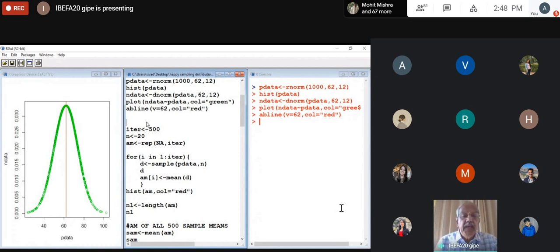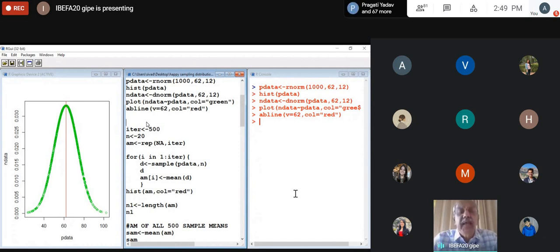So the algorithm is ITER, means iteration. ITER means iteration 500 times. Each sample size 20, n is 20. And in the loop, the arithmetic mean will be found each time. So REP, repeat, arithmetic mean in ITER is the syntax.